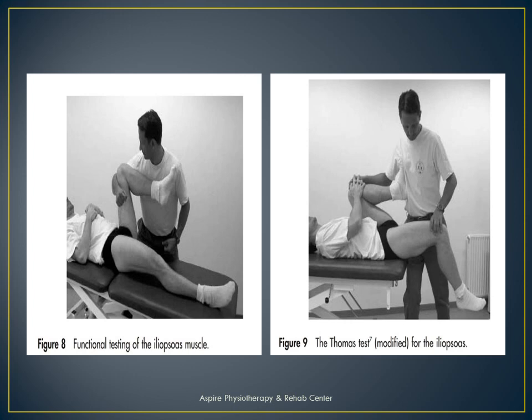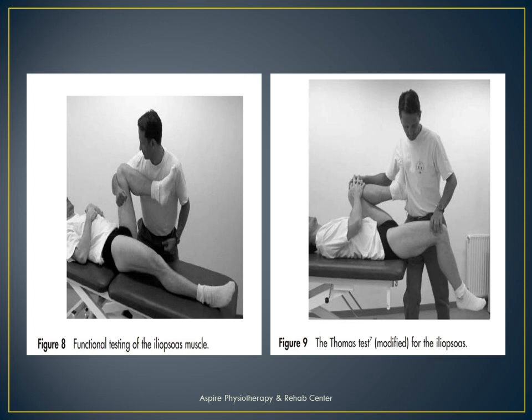So the therapist is testing the left leg of the patient. See, the hip is in flexion, the knee is in flexion, and the therapist is giving resistance with their full arm and not with their palm. So you have to manage according to the strength. It is very difficult to give resistance with your palm when the patient is using such a powerful muscle, the iliopsoas muscle.